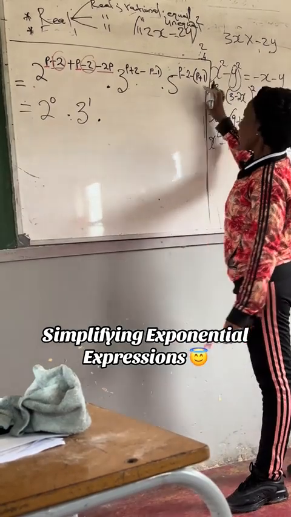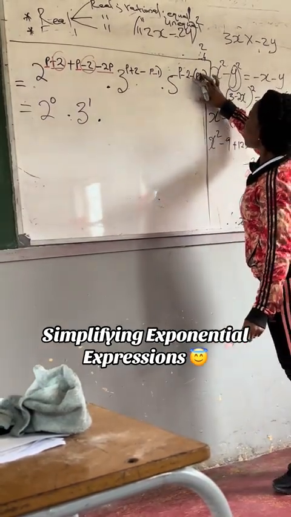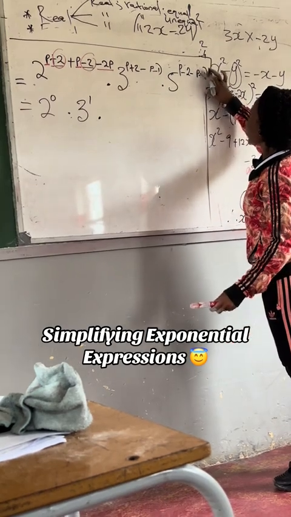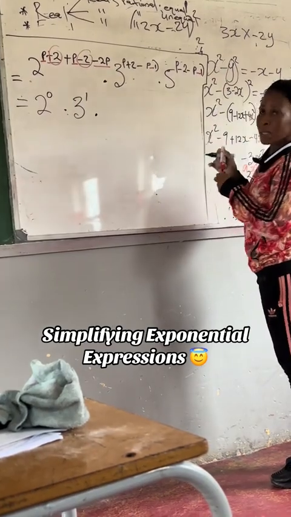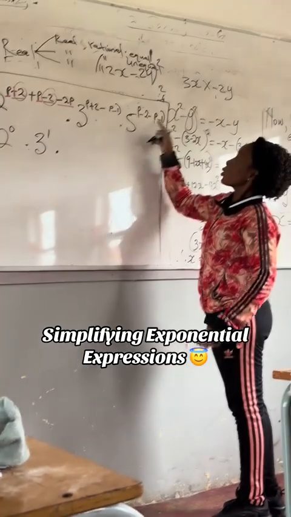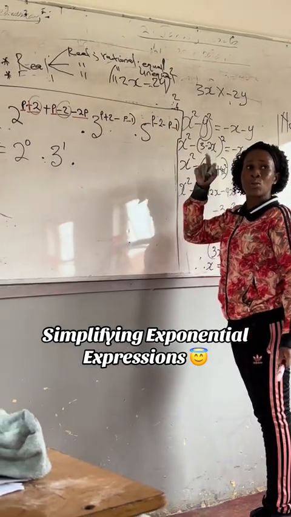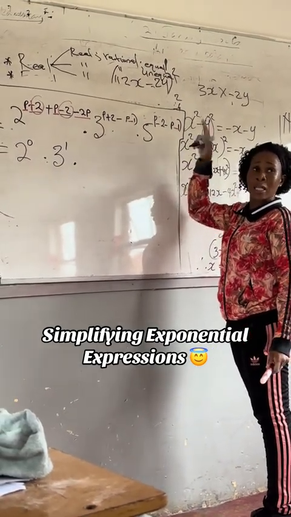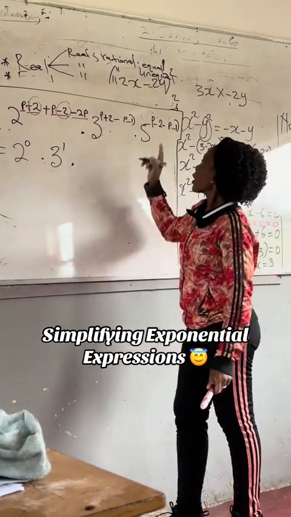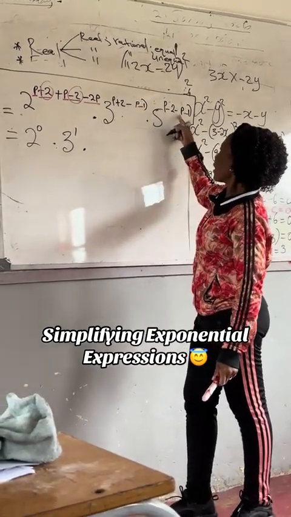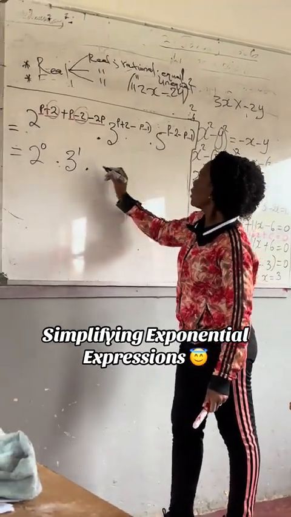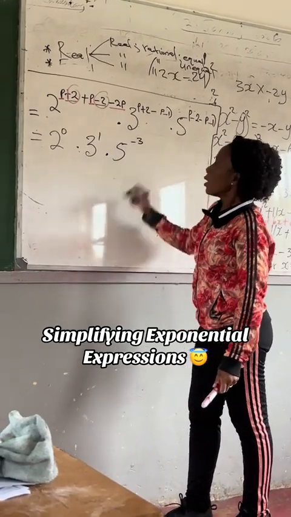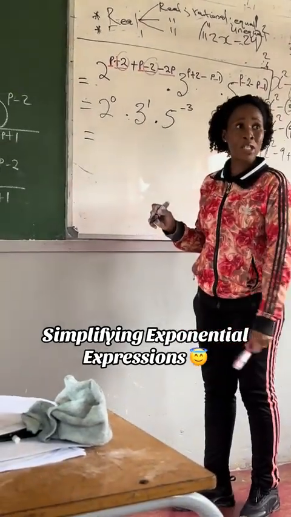And then again, I'm going to remove the bracket, and then I'll have minus again. I'm using red because I want you to remember there was a bracket that changed the sign. And then P minus P, 0. Minus 2 minus 1, minus 3.